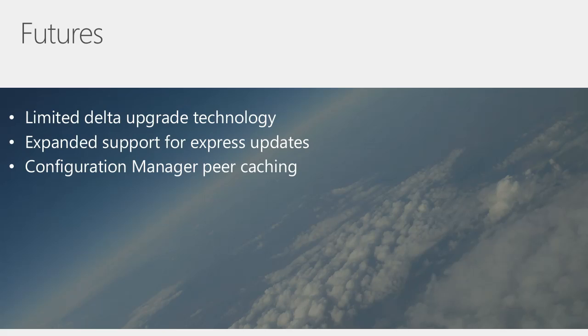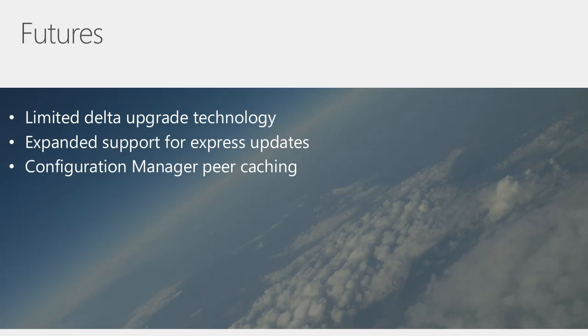For the Delta upgrades, this is to support the feature upgrades, the feature updates that we talked about before, those 3.5 gigabyte packages. We want to be able to be a little bit smarter about that and only download the pieces that have changed. The challenge, though, is there are lots of changes from one feature update to the next.